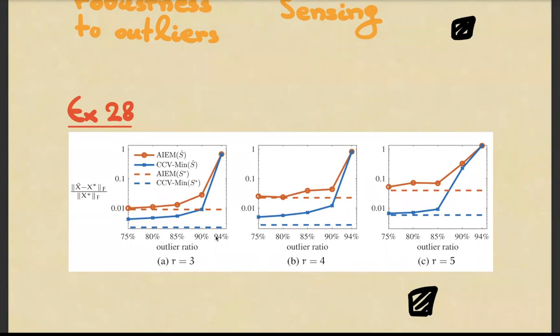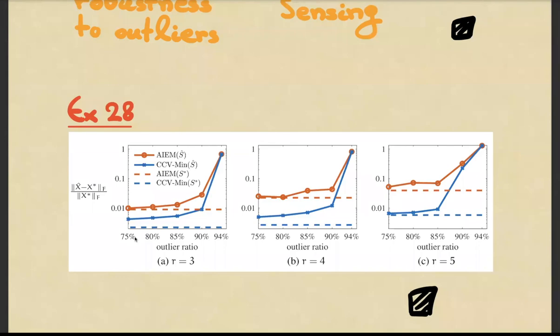In the horizontal axis, we have the outlier ratio. This tells us how many outliers we have. For example, let's look at this 75%. Then this tells us that 25% of the columns have been permuted by the same permutation, but not more.